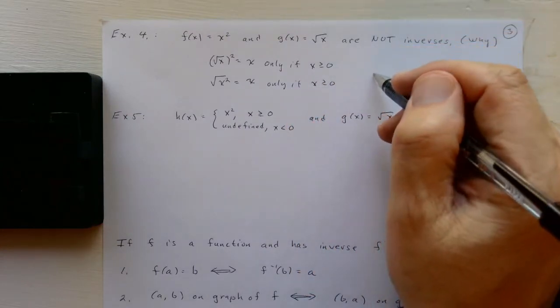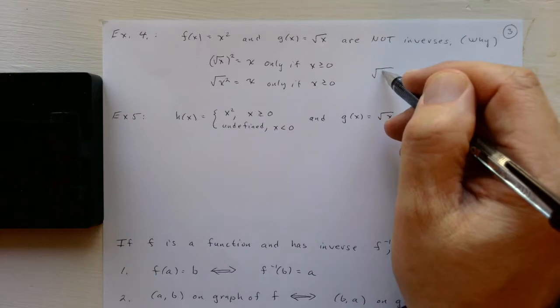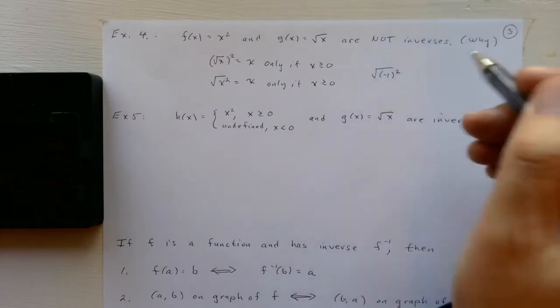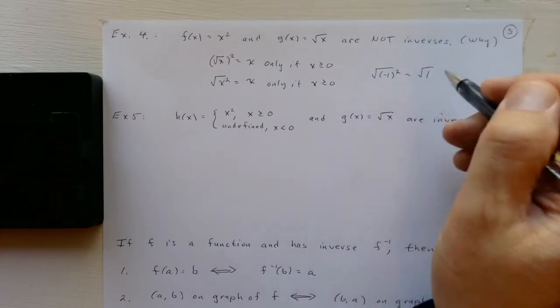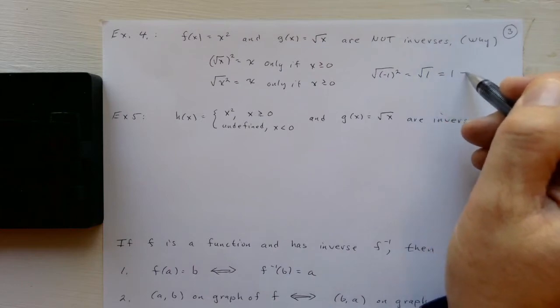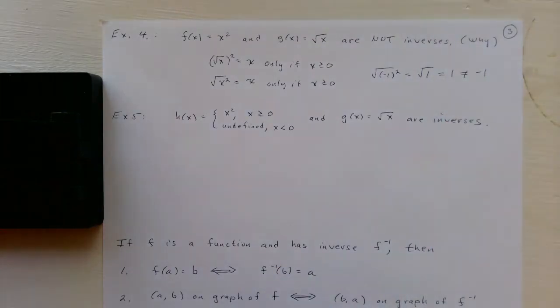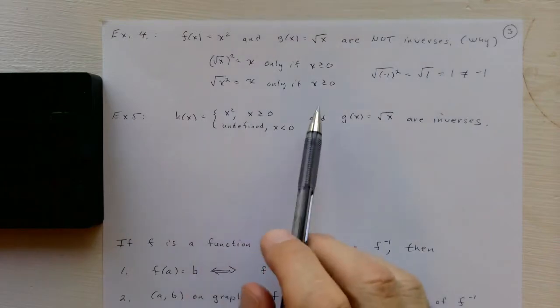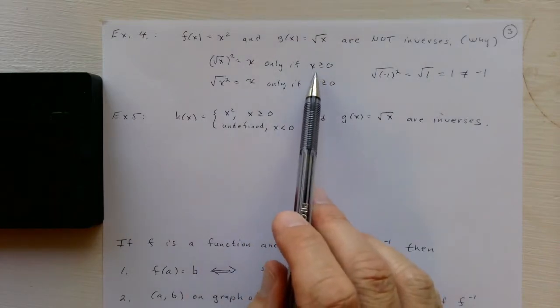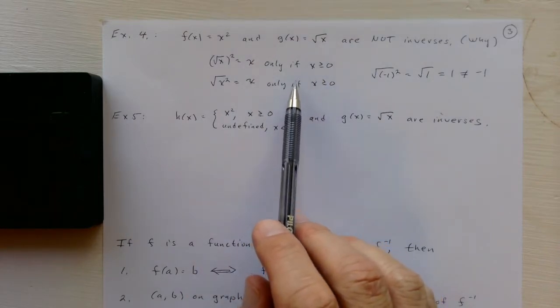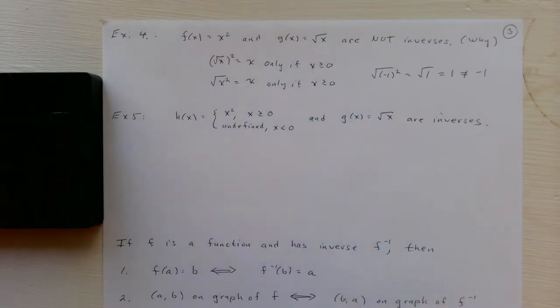Because, for example, if we take the square root of (-1) squared, that's the square root of 1, which is 1, which is not equal to -1. So even though this is true for some x, it is not true for all x in the domain where it's supposed to be.